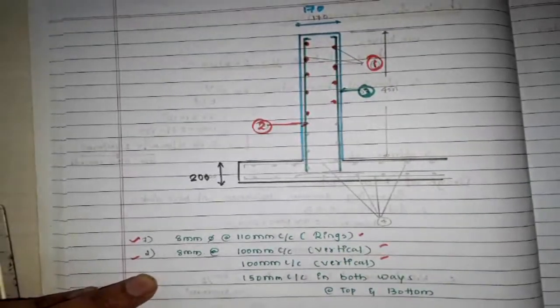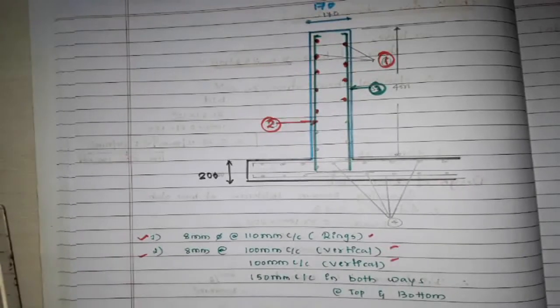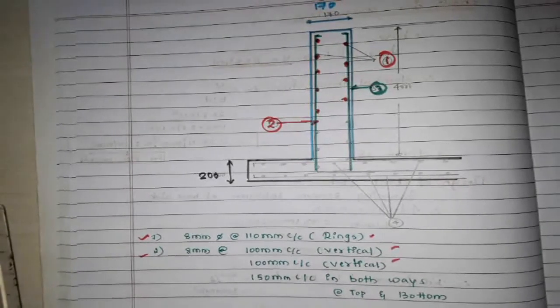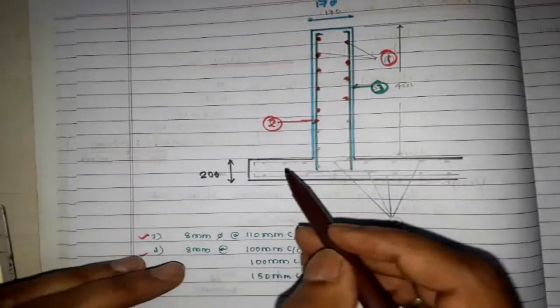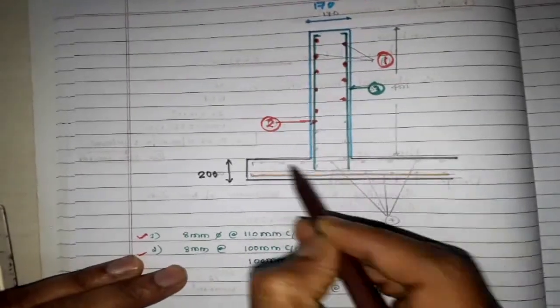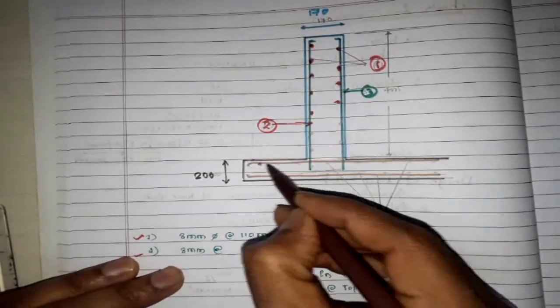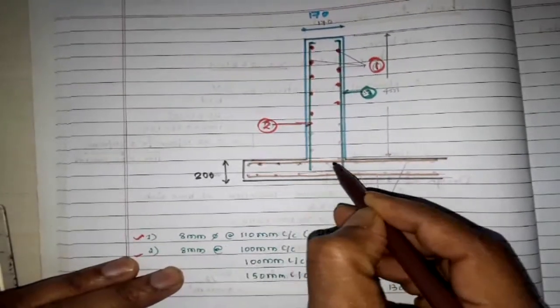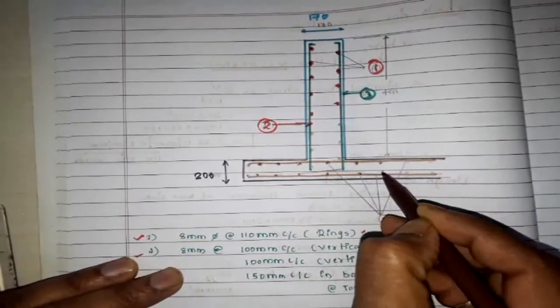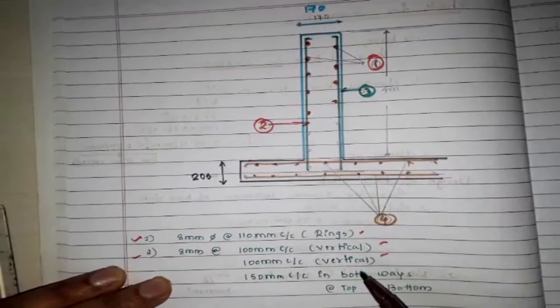Then further we have the reinforcement in the base slab. Even the dots are also the same. You can see the dots here. That is number 4. What is 4?